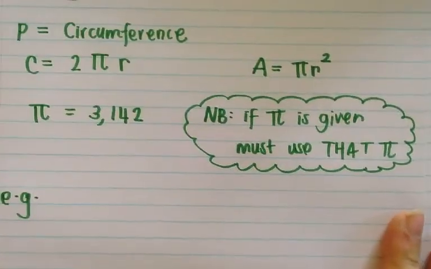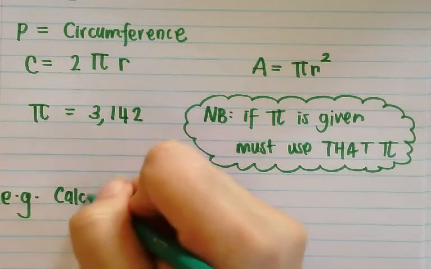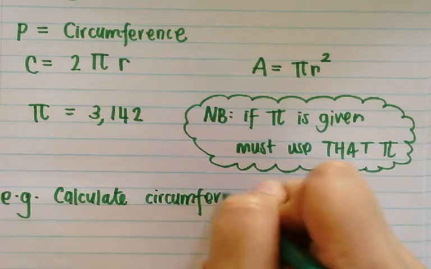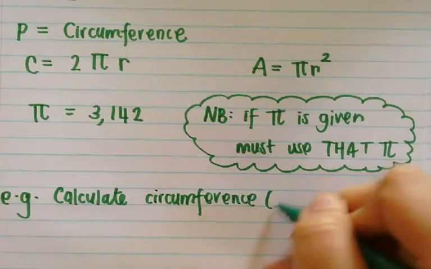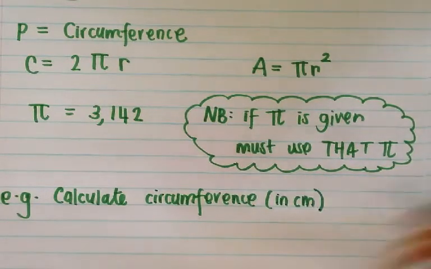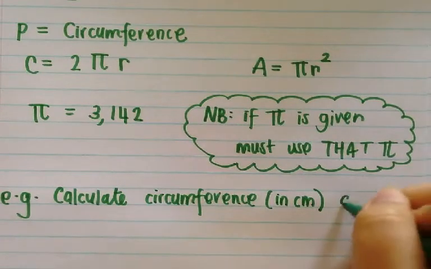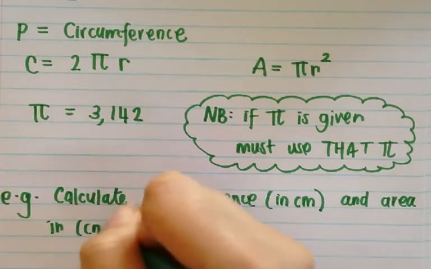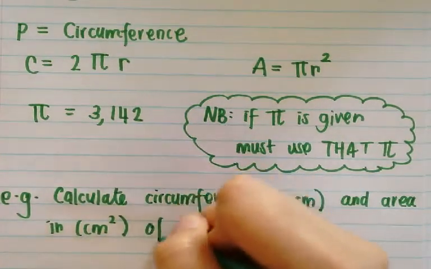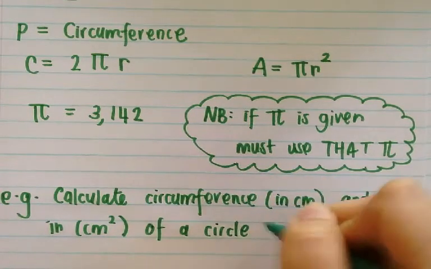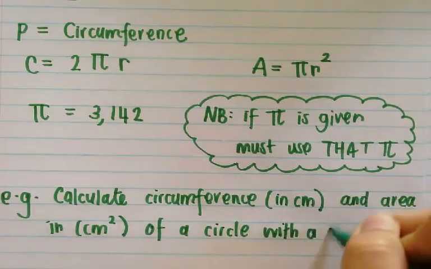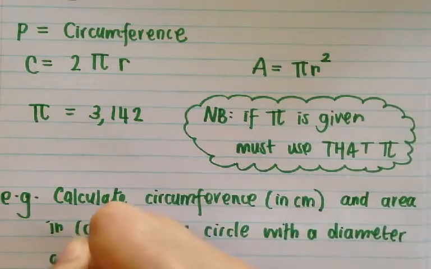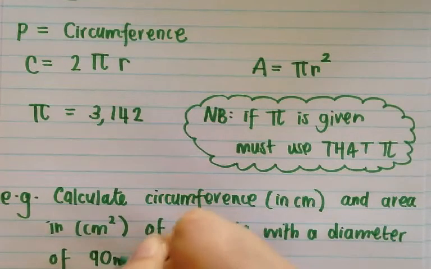I want you to calculate the circumference in centimeters and the area in centimeters squared of a circle with a diameter of 90 millimeters.